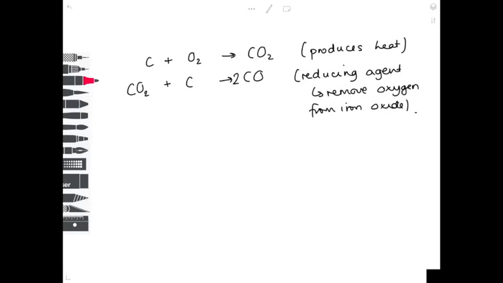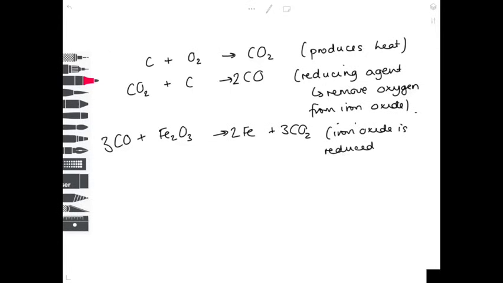The next important step is what we're really after, which is purifying that iron. And it's going to produce iron by itself and carbon dioxide. Let's do some balancing. And our summary here is that iron oxide is reduced to iron.